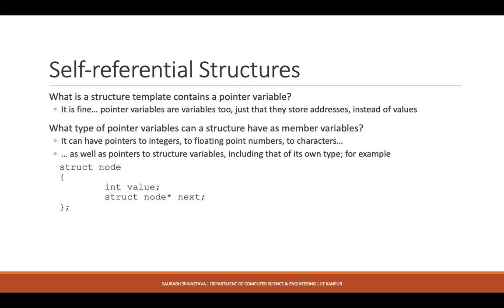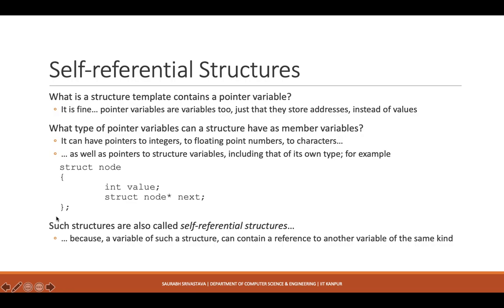as well as pointers to the same type of variables, right? The same type of variables, as in if you are defining, let us say, the node structure, it can have a pointer like this: struct node asterisk next, right? So you can see that the type of next here is basically struct node itself. So essentially this is a pointer that can point to a structure variable of type struct node, and this is actually a member of the structure itself.